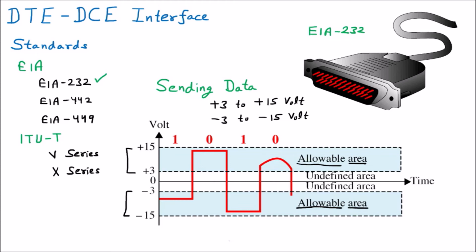You can see that this wave is moving in between these two, so we can only transfer the data in between. That is the allowable area. So sending data is between 3 to 15 positive and 3 to 15 negative volt.